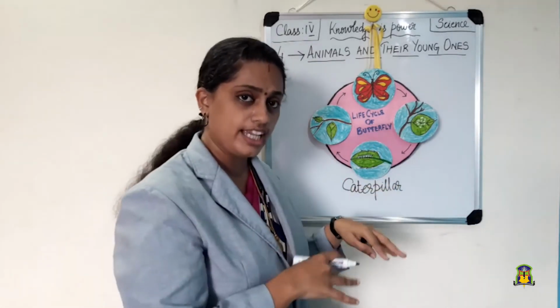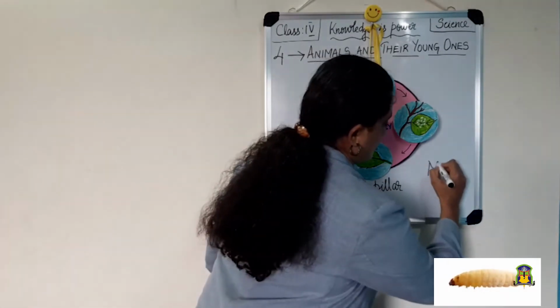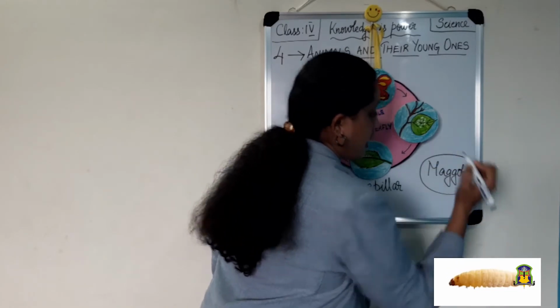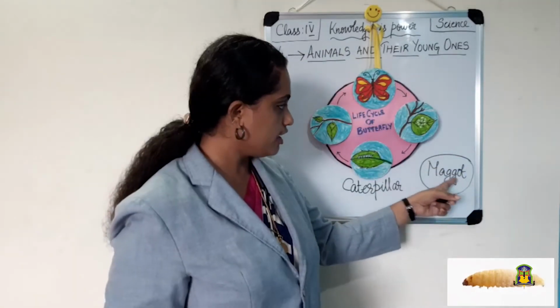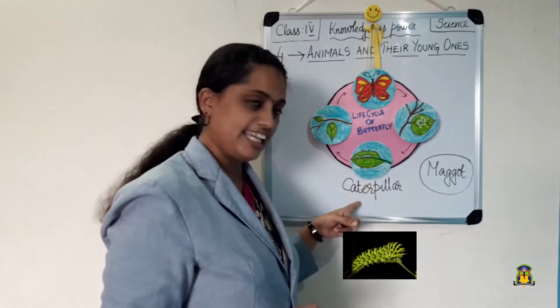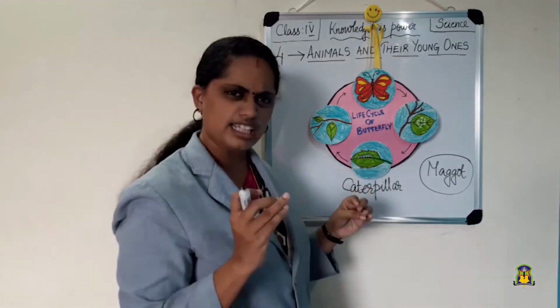In the same way, the larva of a housefly is called a maggot. The larva of a housefly is maggot, and the larva of a butterfly is caterpillar. So the caterpillar looks like a small worm.